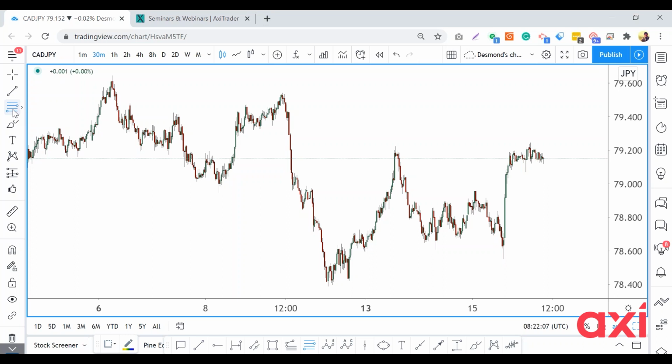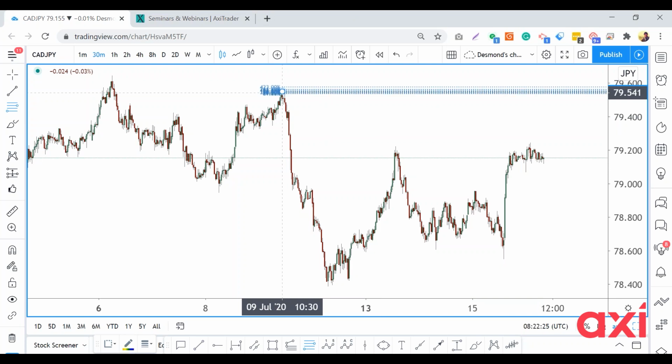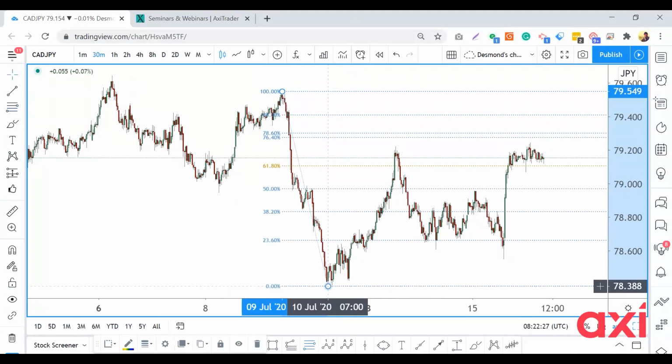So don't worry whether you're looking at any market and wondering, is this choppy? Is this not choppy? Is this ranging? Is this trending? You do not know what to make of this market. All you need to do, if you're talking about clear market structure, is that when you draw a Fibonacci retracement, when you start here and you end here, make sure that price follows your trend line very well.